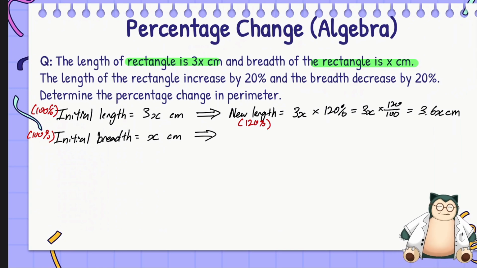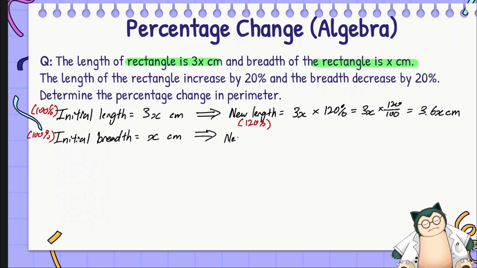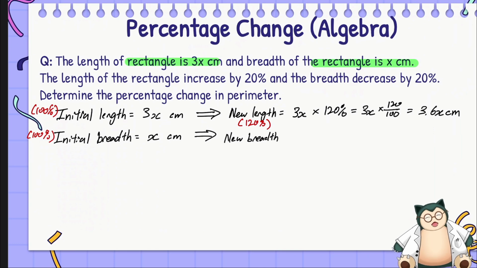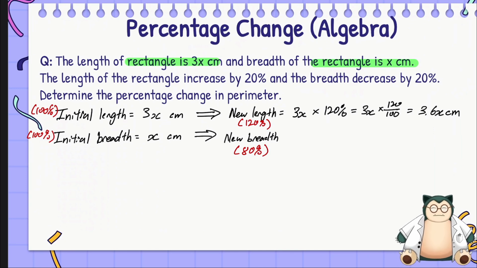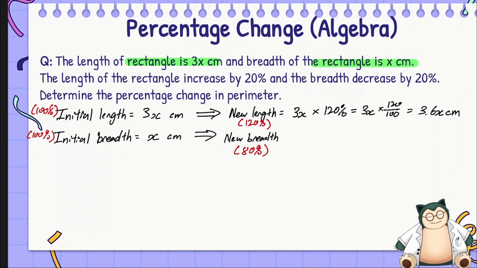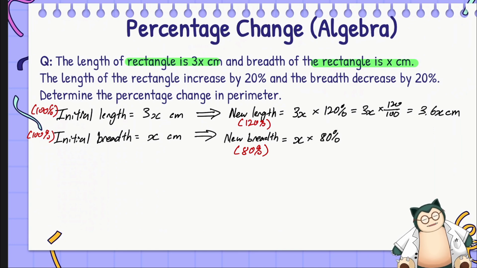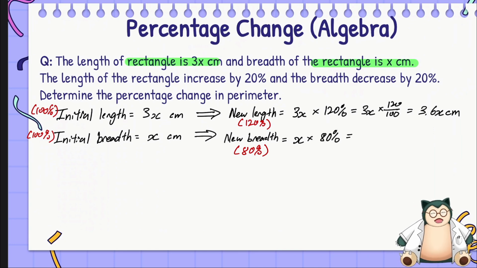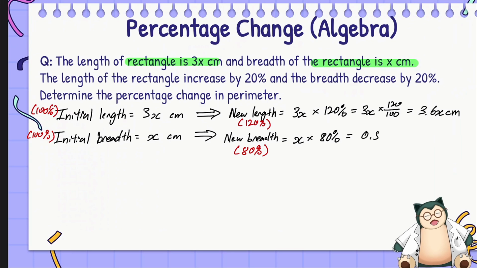Our new breadth, on the other hand, faces a 20% decrease, so we should expect 80% of the initial breadth. We get x multiplied by 80%, and in a calculator, we get 0.8x centimeters. Let me just separate this here.